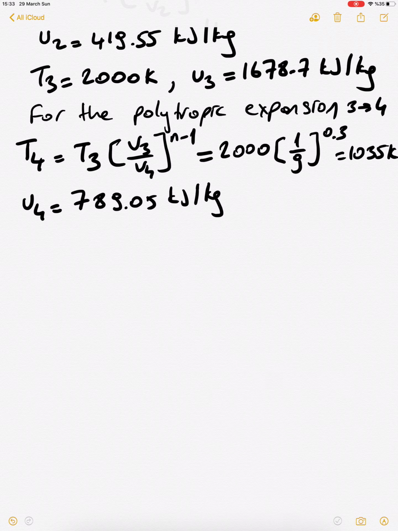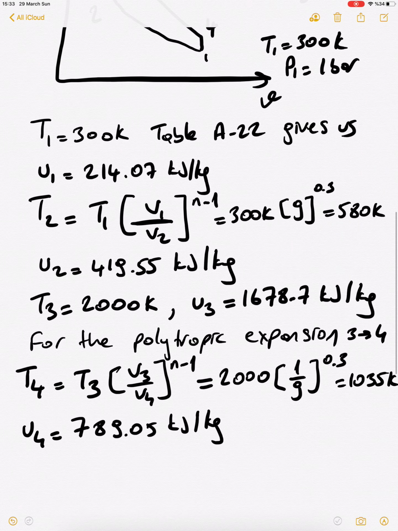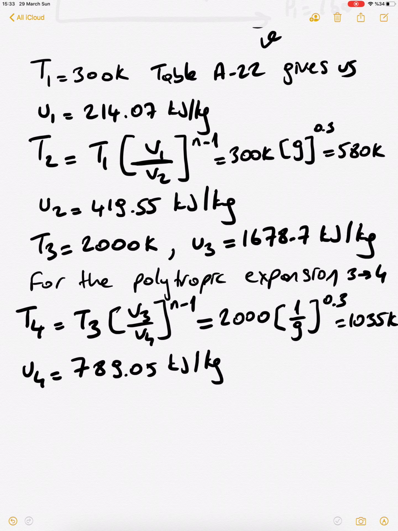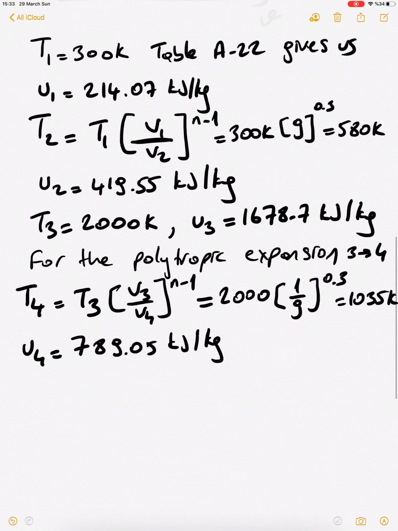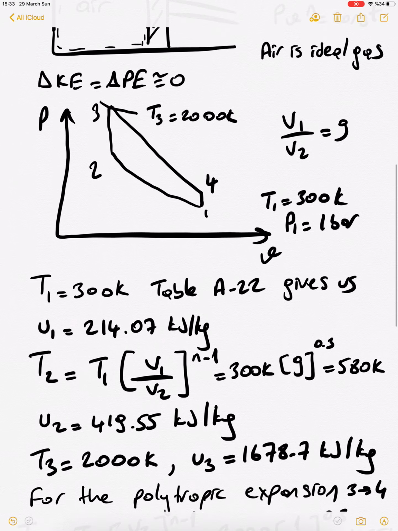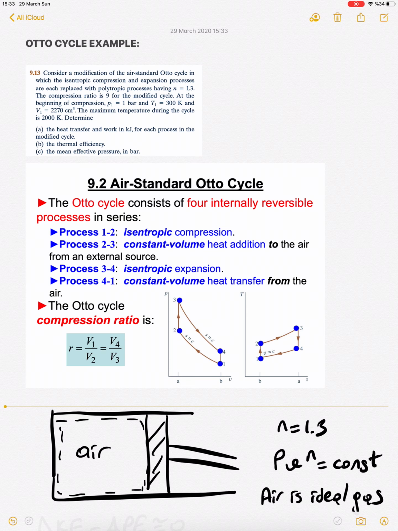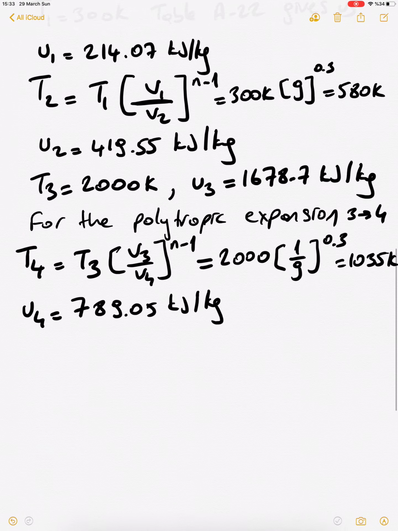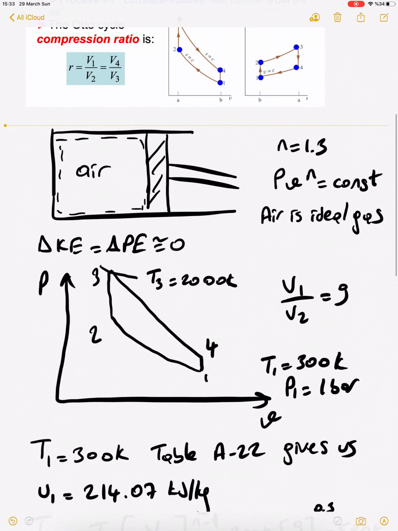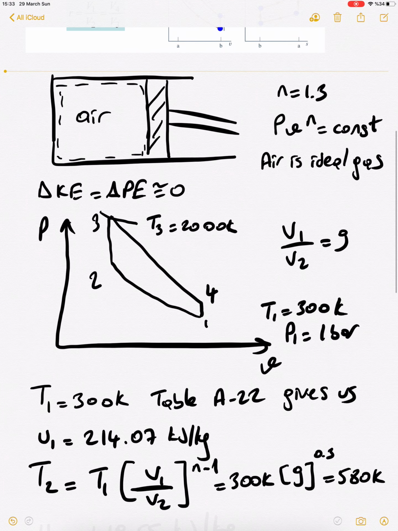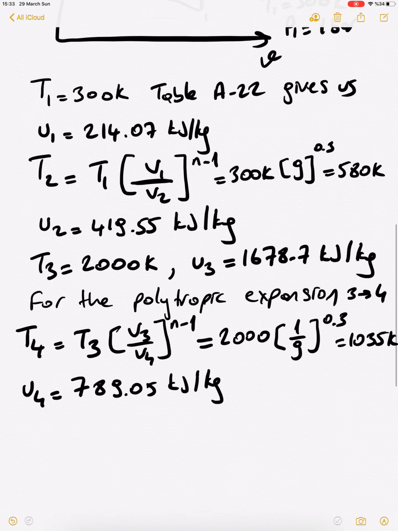We have now determined all the states, their internal energy values and temperature, and don't forget that we are using ideal gas. And what is required, if you remember, is the heat transfer and work in kilojoule for each process in the modified cycle. So we are going to calculate for each process from 1 to 2, 2 to 3, 3 to 4, and 4 to 1.